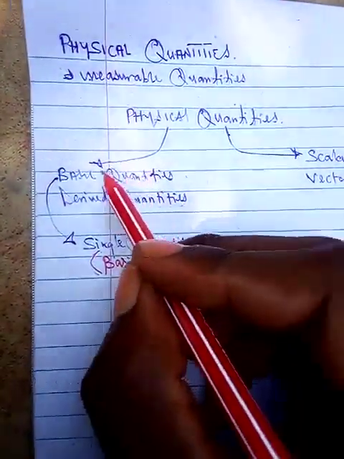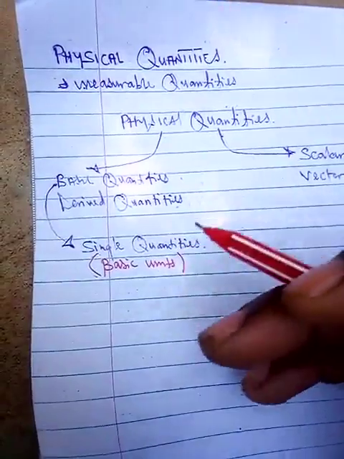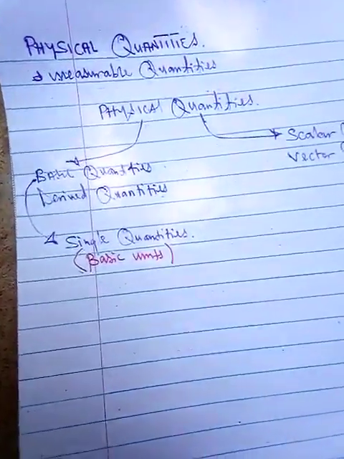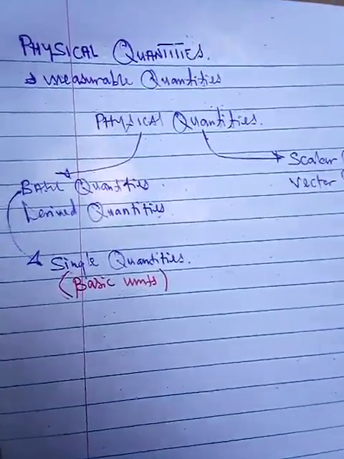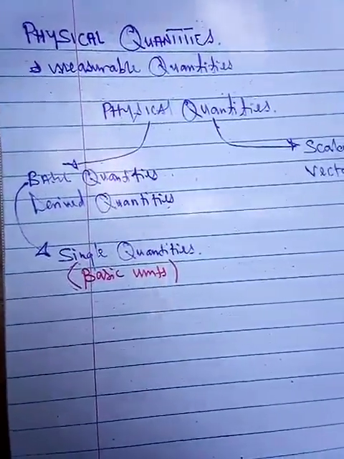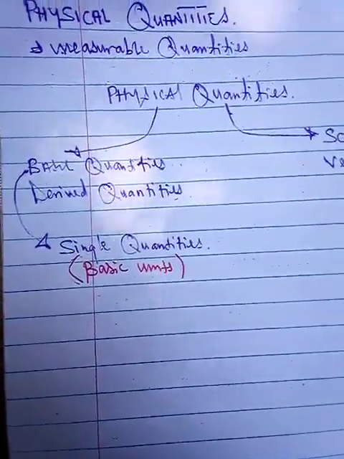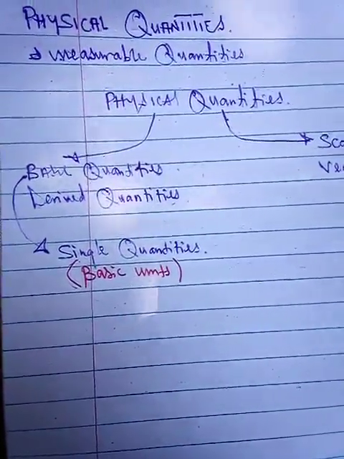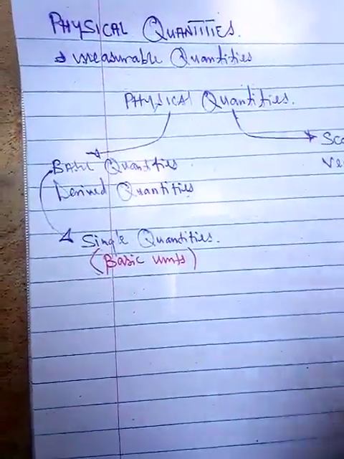So take note, basic quantities are just single quantities. They do not have any other quantities which make them up, and they are characterized by what we call basic units. I'm about to show you that in a moment.